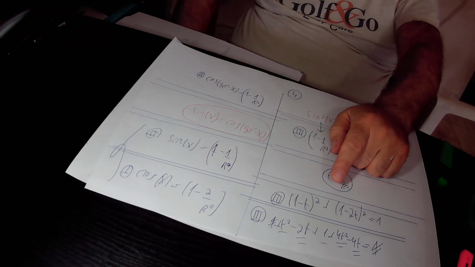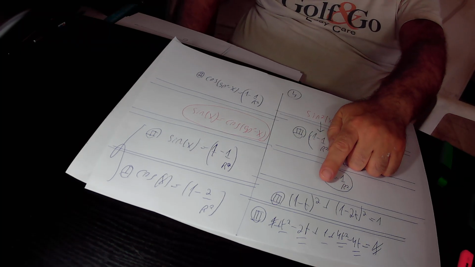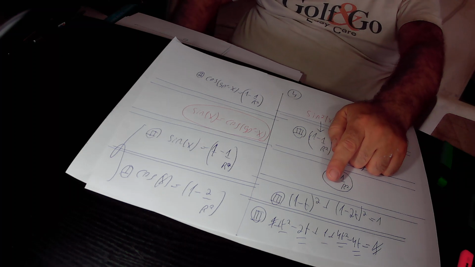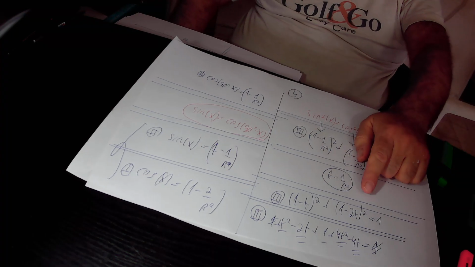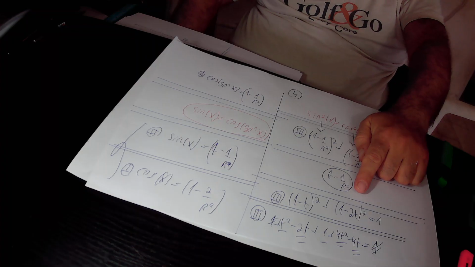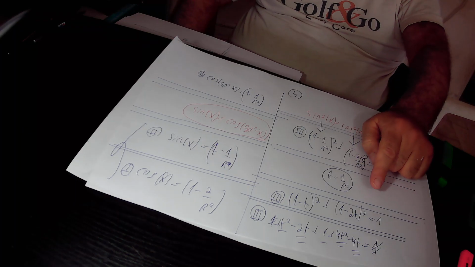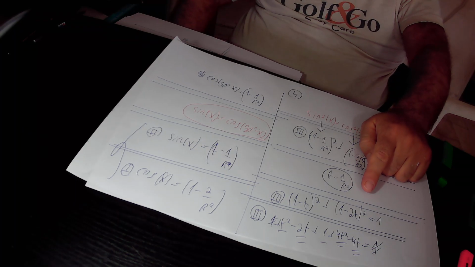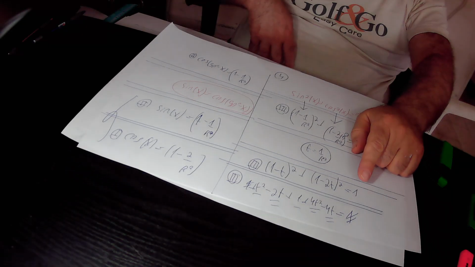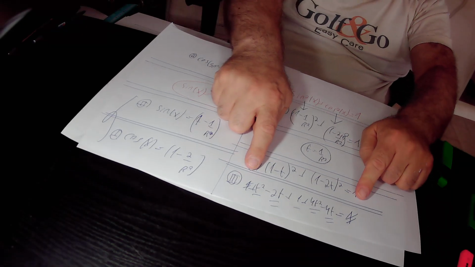Here we open the brackets on this side of equation 3, and found out that (1 minus t) squared equals 1 squared, that is 1, plus t squared minus 2t. Plus (1 minus 2t) squared equals 1 squared, that is 1, plus 2t squared, that is 4t squared, minus 2 times 1 times 2t, that is minus 4t. This equals 1. So here we have 1 on both sides of the equation, so 1 gets cancelled.